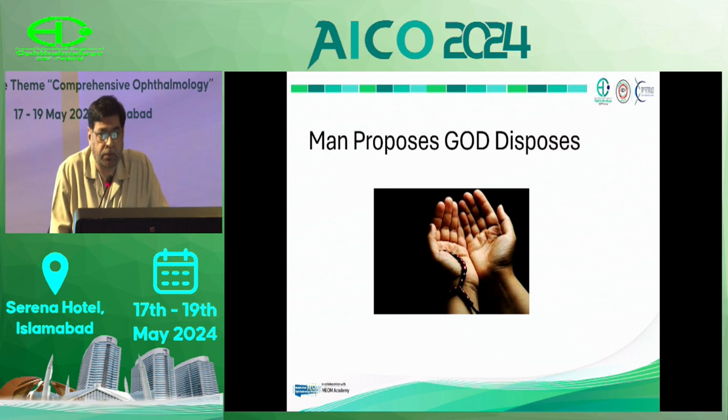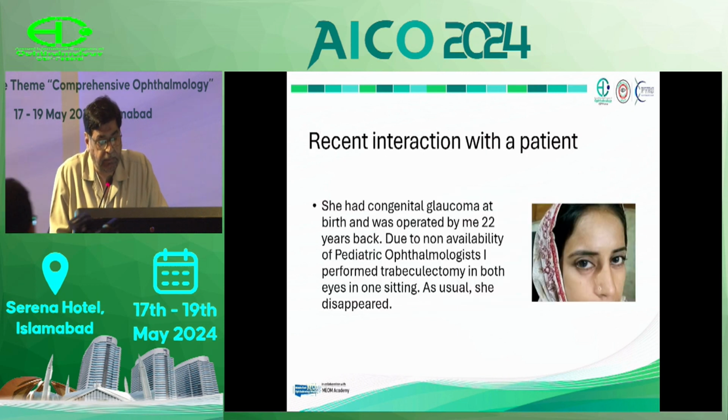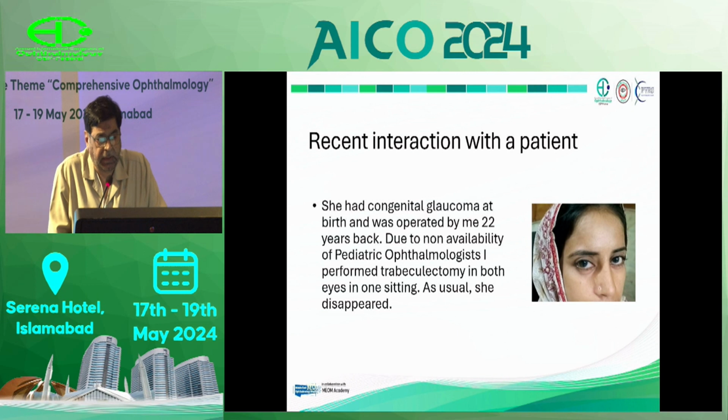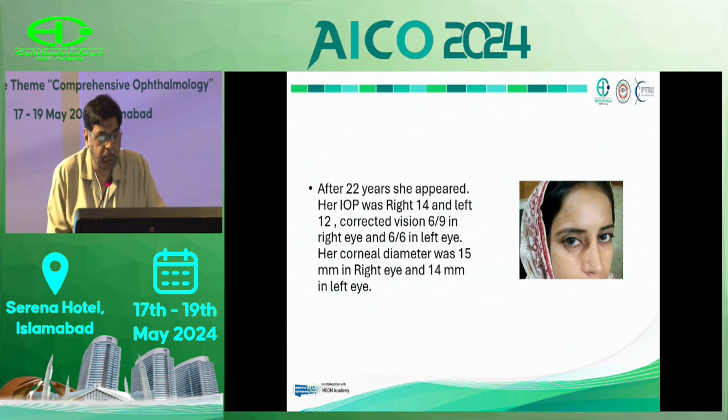Man proposes, God disposes. This should not be underestimated. I had a recent interaction with a patient. She had glaucoma at birth and was operated on by me 22 years back. Due to non-availability of pediatric ophthalmologists, I performed trabeculectomy in both eyes in one sitting, and as usual, she disappeared.